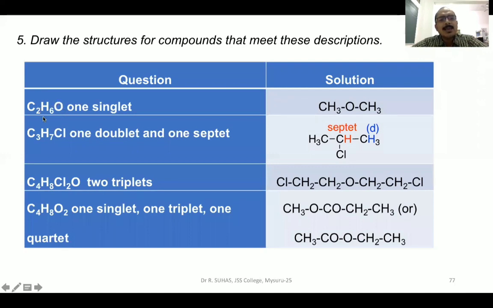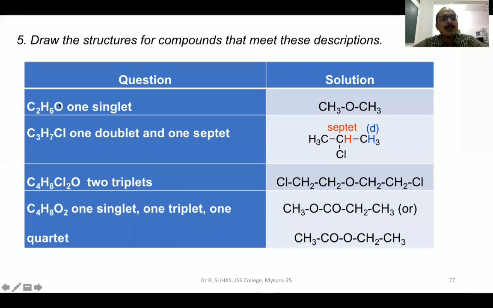C2H6O, one singlet with just two carbons. We have to arrange them in a way that we get only a singlet. That means the molecule should be more or less symmetric in nature. One O we will try to put in the middle. C2H6 can be easily written as CH3 and CH3.